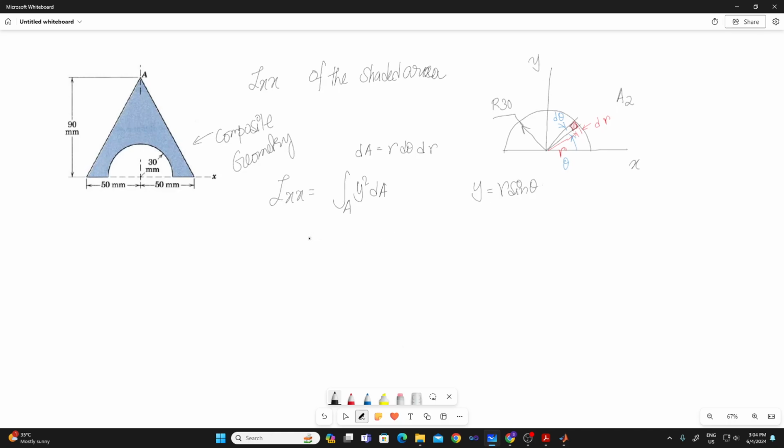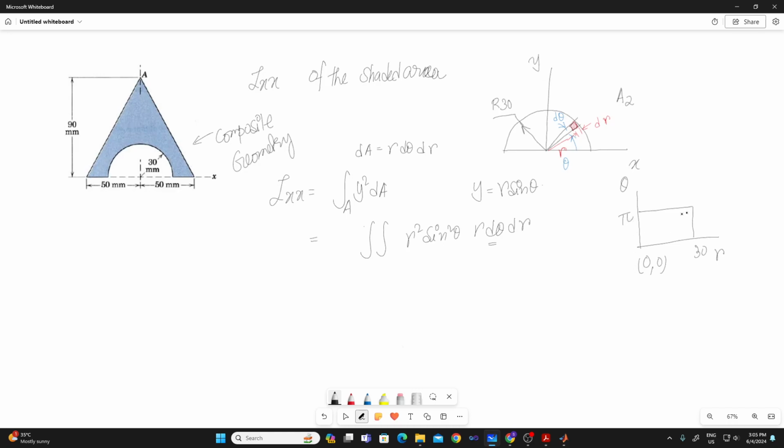Therefore we can write this as the double integration of r squared sine squared theta, then dA is r d theta dr. Now this representation means that we would like to do the theta integration first, but as we have explained, the limits of integration are independent, because this geometry in the r theta coordinate system is a rectangle. So r goes from 0 to 30, and theta goes from 0 to pi.